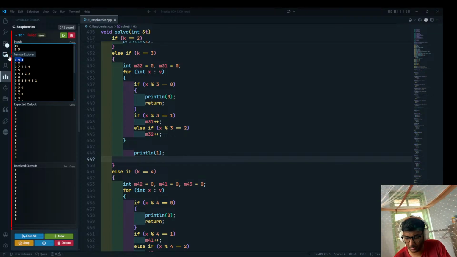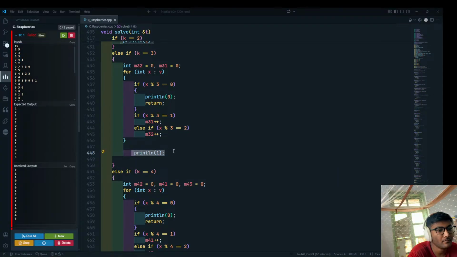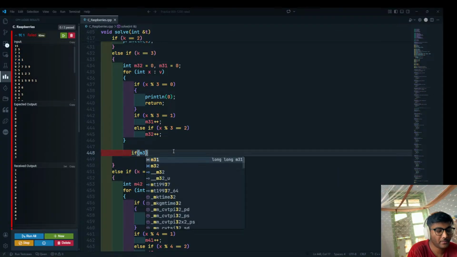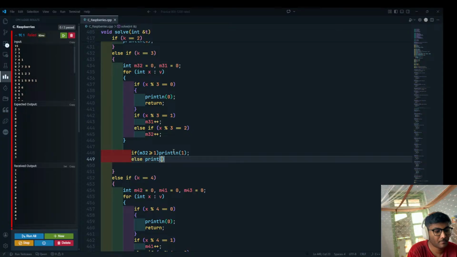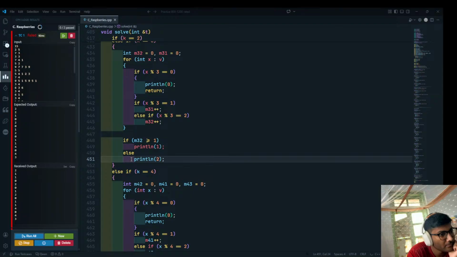This is a modulo 3, 2 situation. Okay, if modulo 3, 2 is greater than or equal to 1, print 1. Yeah, this is probably very concrete.